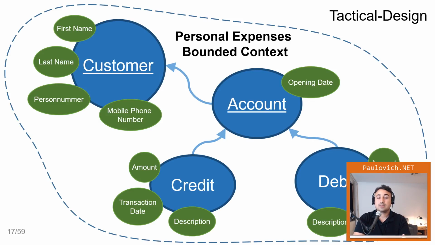One thing about domain-driven design is that the moment you create this customer, there is no intent to represent a customer for all kinds of applications that use customers. This specific customer has the intent to represent the customer that this personal expenses bounded context requires.